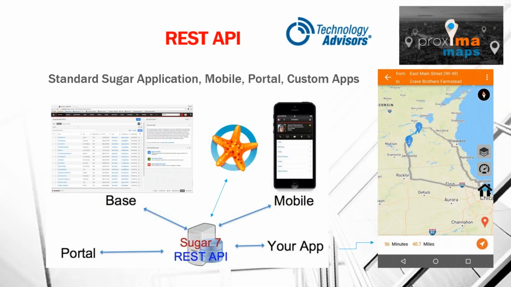So no matter how you're using Sugar, they're all leveraging the same functionality to update, read, create, and delete data from Sugar. So it really standardizes it, and this REST API, again I mentioned, conforms to international standards, so it's very easy for any developer who's never seen Sugar before to start talking to Sugar.